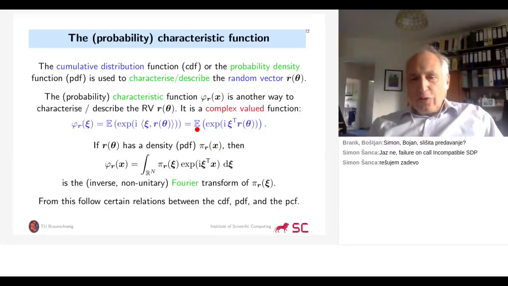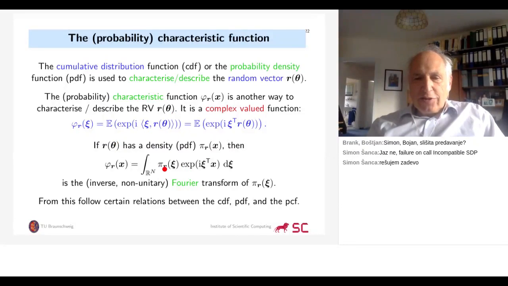Good. And of course, this is something which is in the unit circle, because these guys lie on the unit circle. The expected value is a combination, an average of them, so it's something which lies in the unit circle. So this function is always in the unit circle. It's a complex valued function, and its value is always in the unit circle, okay? And if this guy has a density, then this can be rewritten like this.